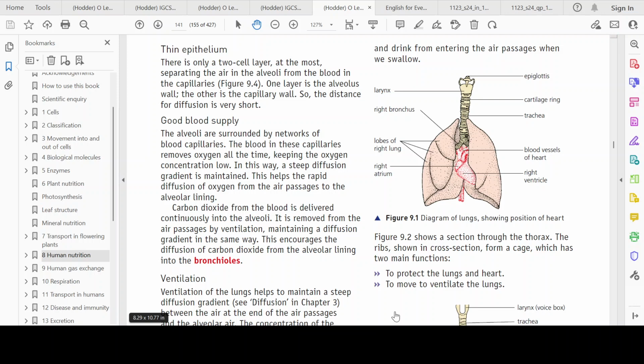Can you see that? So this is the lung. You've got the epiglottis over here on top, the larynx to begin with. Then you've got the trachea coming in. You can barely see it splitting up into the two bronchi. And then these are the lungs and the heart over there.